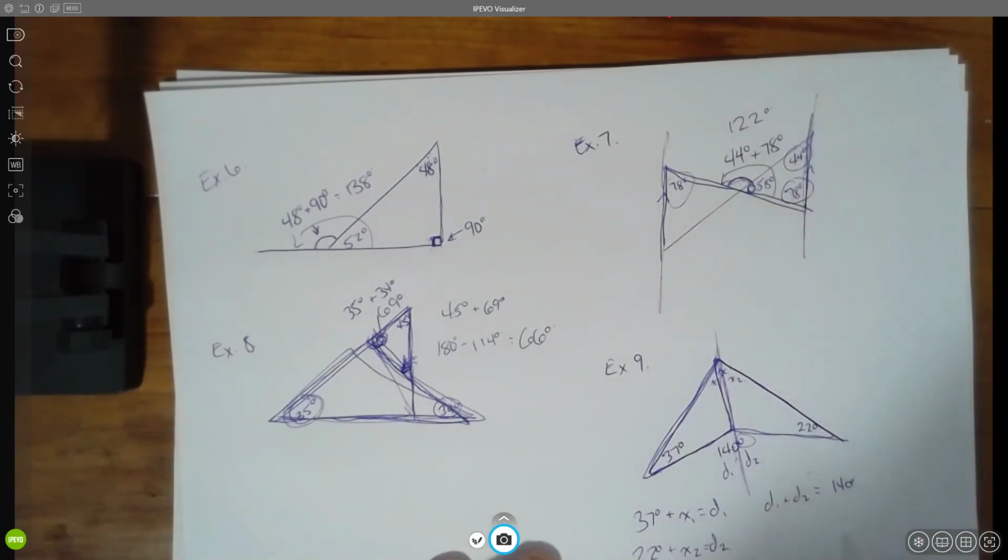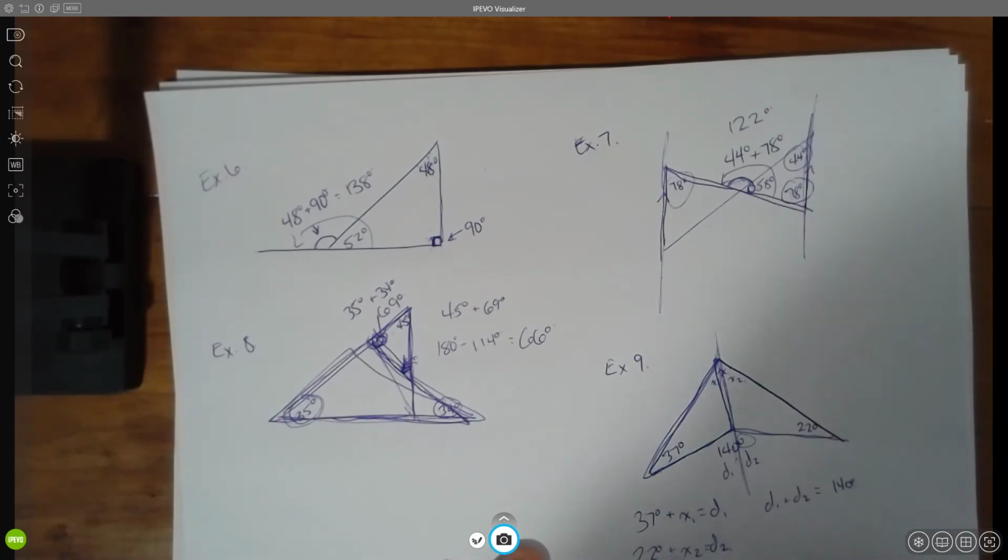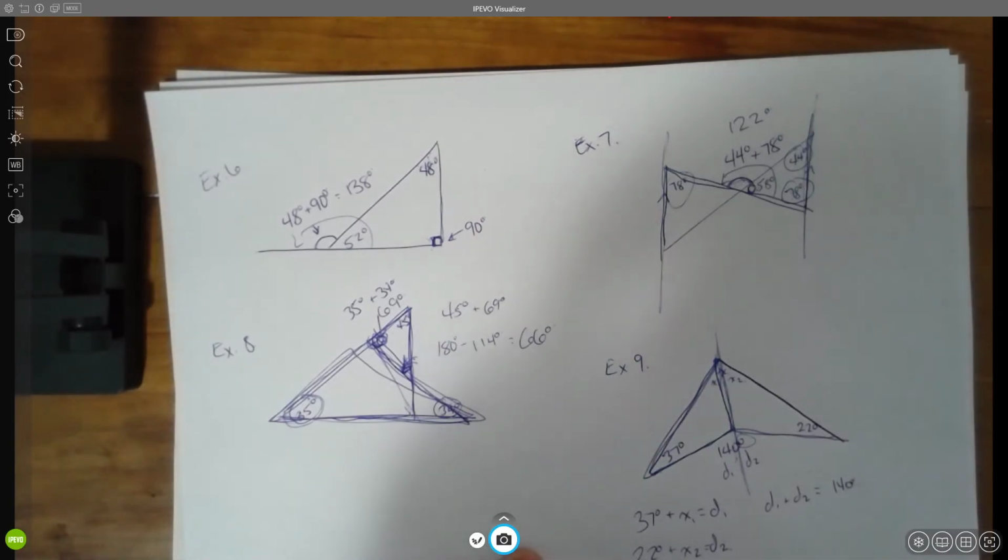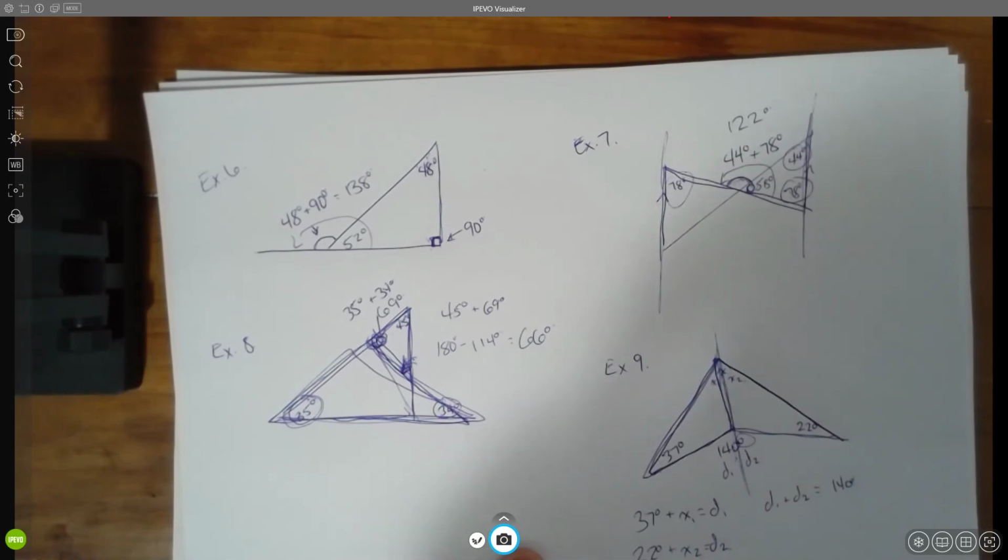You might be saying, okay, well, where are we going with this? Well, we know that D1 and D2 together equal 180 degrees, or 140 degrees, sorry. So if I bring these two together, that means that 37 degrees plus 22 degrees plus X1 and X2, I'm just going to combine those and say X has to equal 140 degrees.